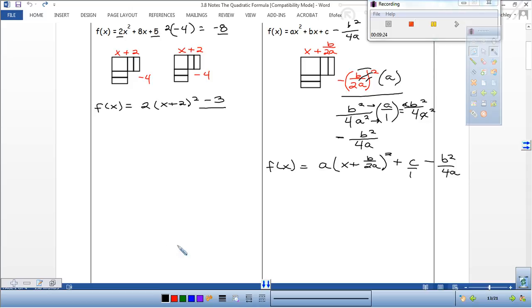Okay, so how do I make this 1 over 4a? How do I make c have a denominator of 4a? Yeah? Multiply the top and the bottom by 4a. So I need to multiply this by 4a and this by 4a.